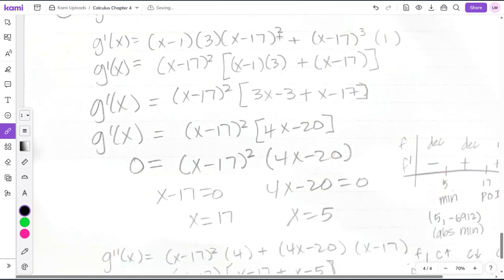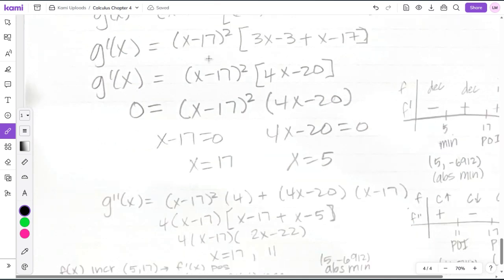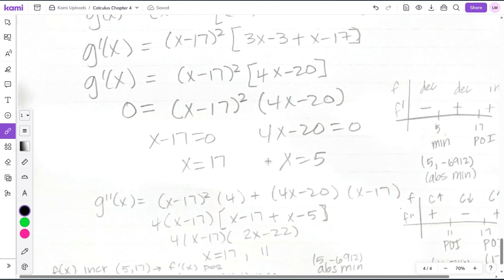I factored out an x minus 17 squared from both of these terms. When I factor out this factor, that leaves me x minus 1 times 3, so combining these, 3x minus 3 and x minus 17, that left me 4x minus 20. I set each of those factors equal to 0. I got 17 and 5.